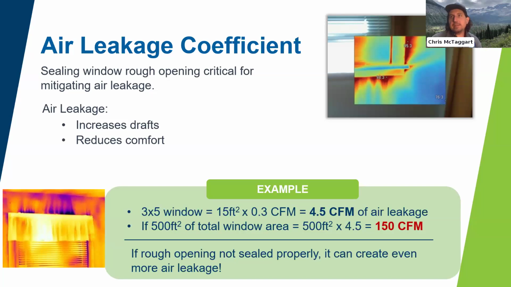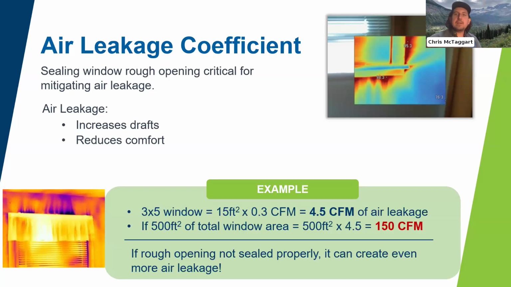These couple of thermal images were taken during a blower door test, an infrared thermography photo that's showing air leakage coming in, not from the window itself, but around it. Basically, those windows were installed and they're still leaking air into the house.